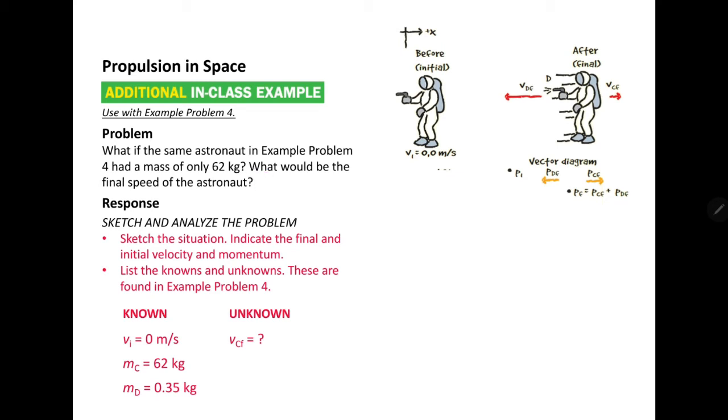So in the beginning, we will write the knowns and the unknown for the question. We said that the initial velocity equals 0, and we have the new mass for the astronaut, which is equal to 62 kilogram, and the mass of the object, which is equal to 0.035 kilogram.